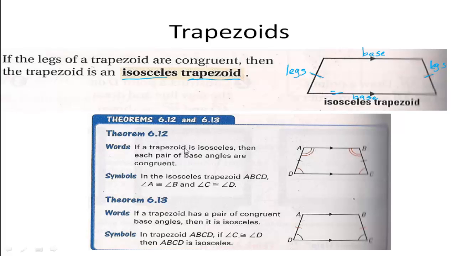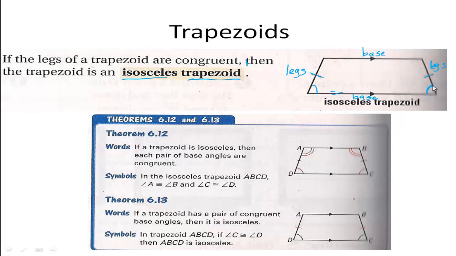It says if a trapezoid is isosceles, then each pair of base angles are congruent. So only in isosceles trapezoids can I say that the base angles are congruent.